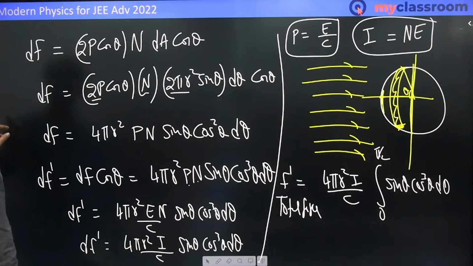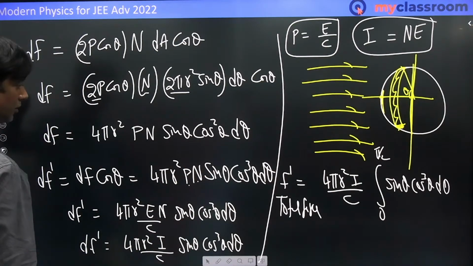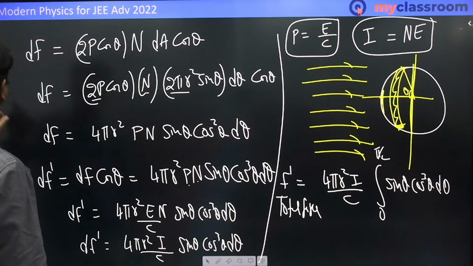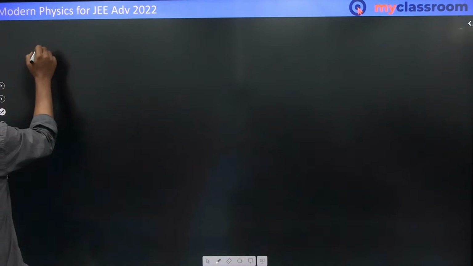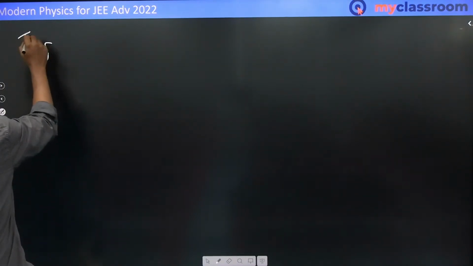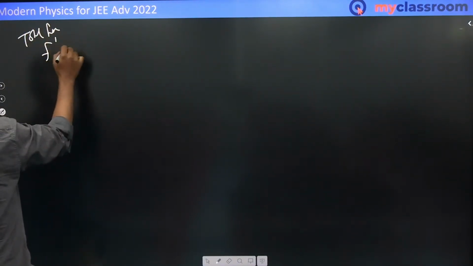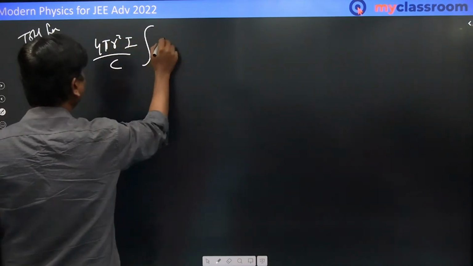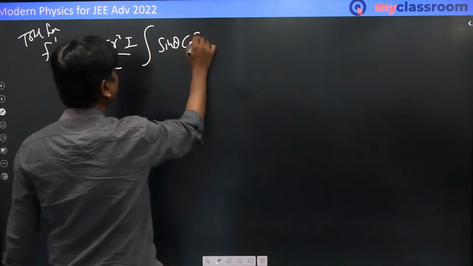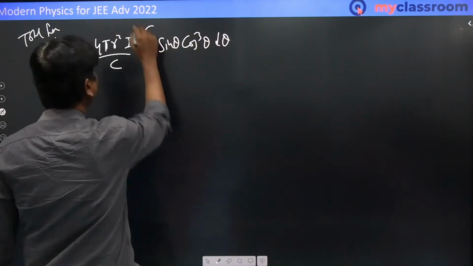I'll take this on the next page. So total force, 4 pi r square I by c, integral of sin theta cos cube theta d theta from 0 to pi by 2.